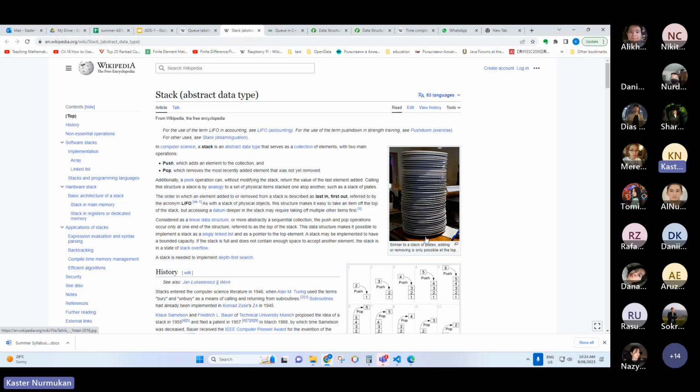So if you're trying to get the element at the end of this, you have to get the first one on the top. So if you put in some element, it will be put in the end, but you will get it first. That's interesting, right?